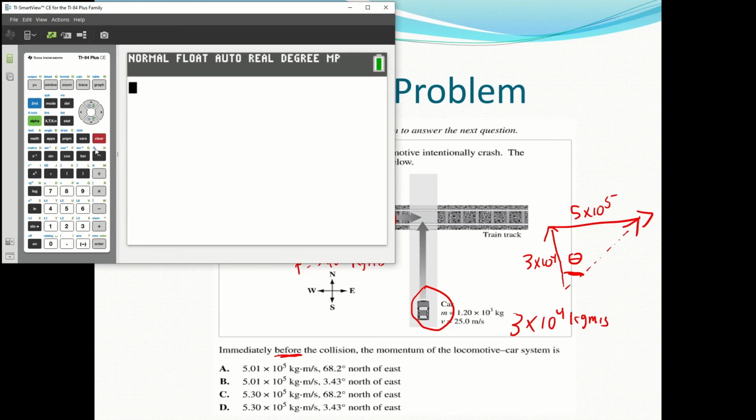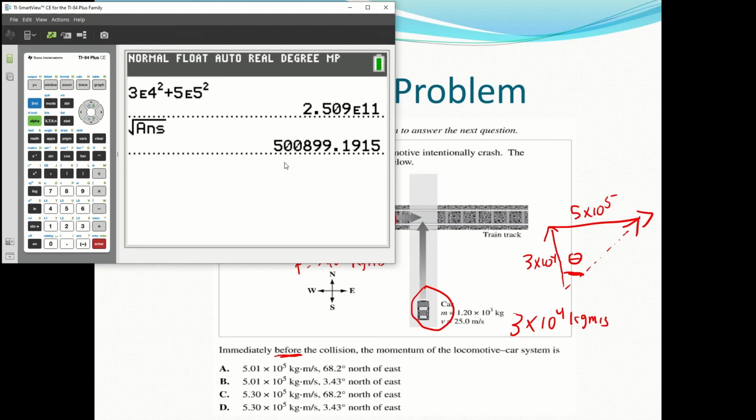So I'll open up my calculator, clear this. So 3 times 10 to the 4 squared plus 5 times 10 to the 5 squared. Square root it, and I get 5.01, right? So it's got to be A or B as the answer, and I got to find that angle to figure out which one is which.